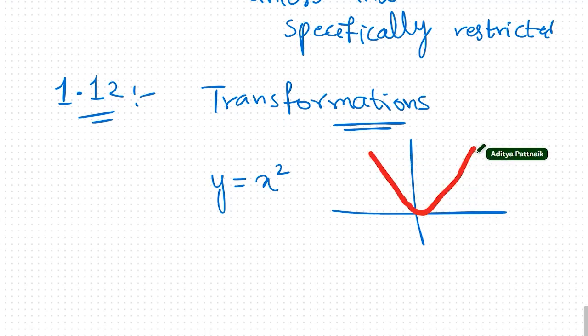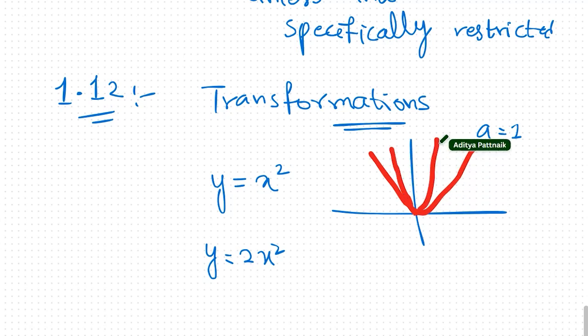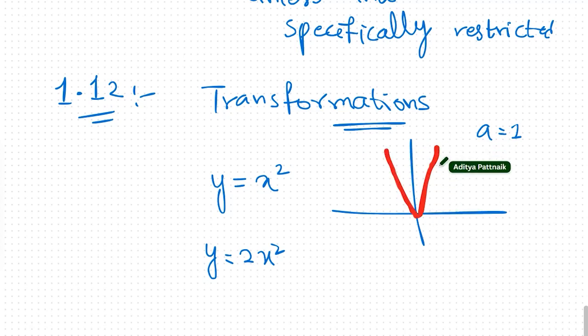So a value is 1, right? What if y is equal to 2x squared? Keep a equal to 1 for reference. This is the regular one, and then this is the 2x squared.